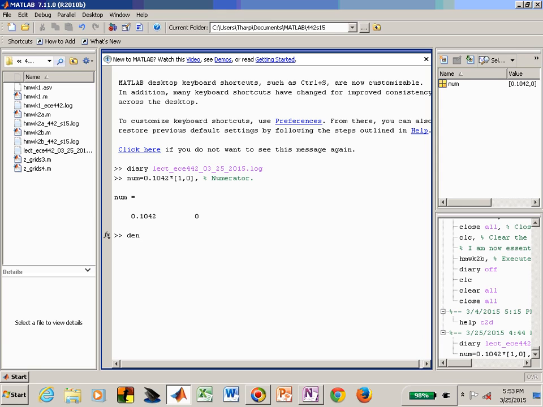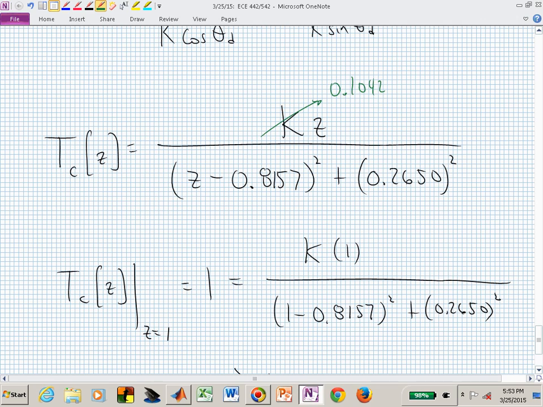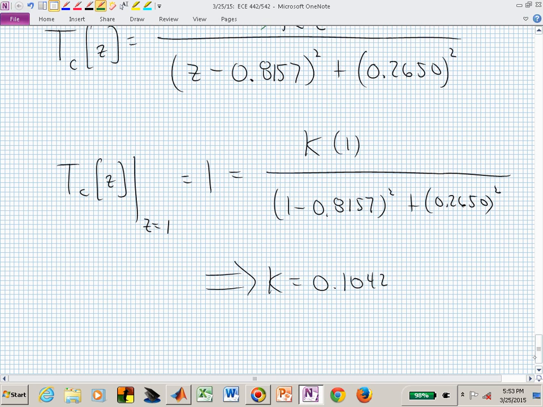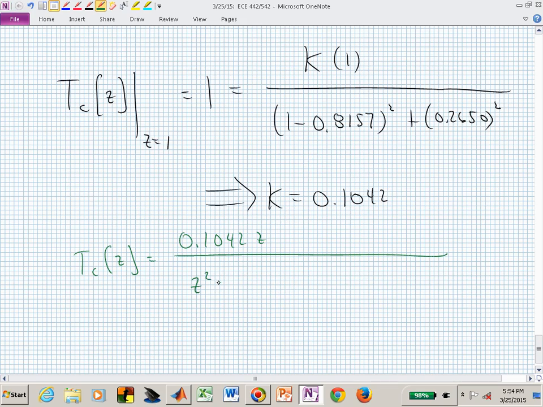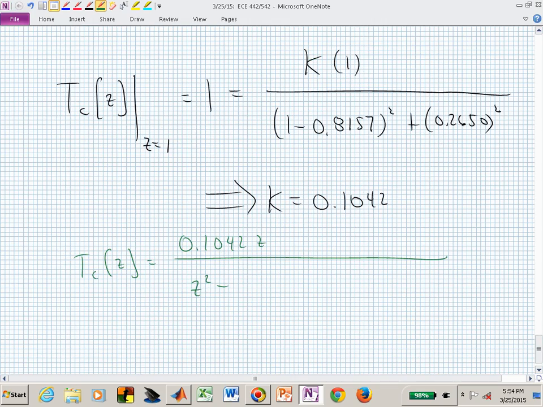My denominator is now going to be that mess multiplied out. So now I have T sub C of Z is 0.1042 Z over Z squared minus 2 times that 0.8157 Z plus the 0.